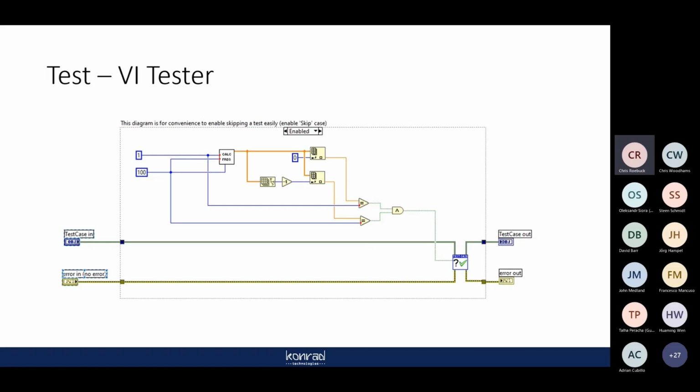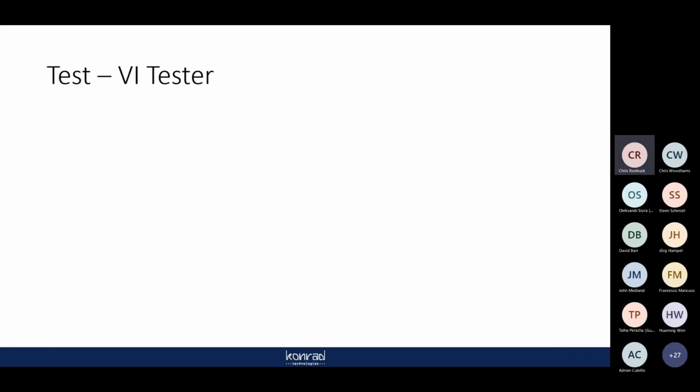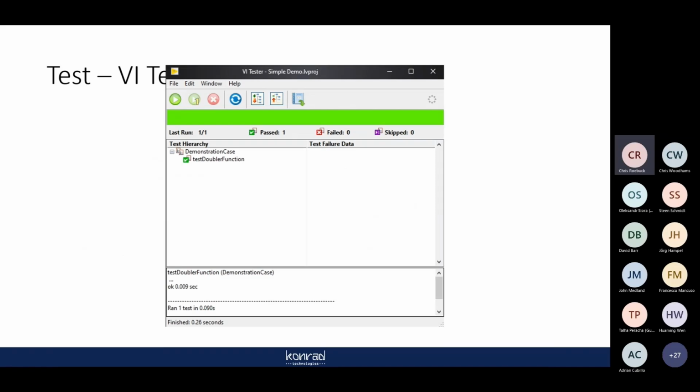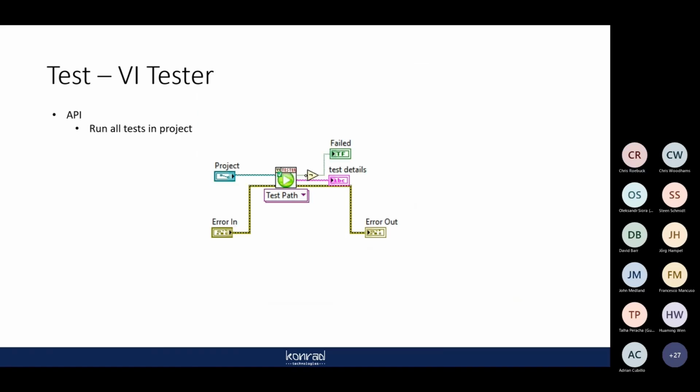So we're providing inputs into our unit, our code under test, and we're checking the outputs and making sure it's good or as expected, and then passing that Boolean result to VI Tester to return. We can run VI Tester from the toolbar in the project, and we get a report and a nice graphical result. Yep, you've passed. Even better, going back to the subject of the presentation, it has an API.